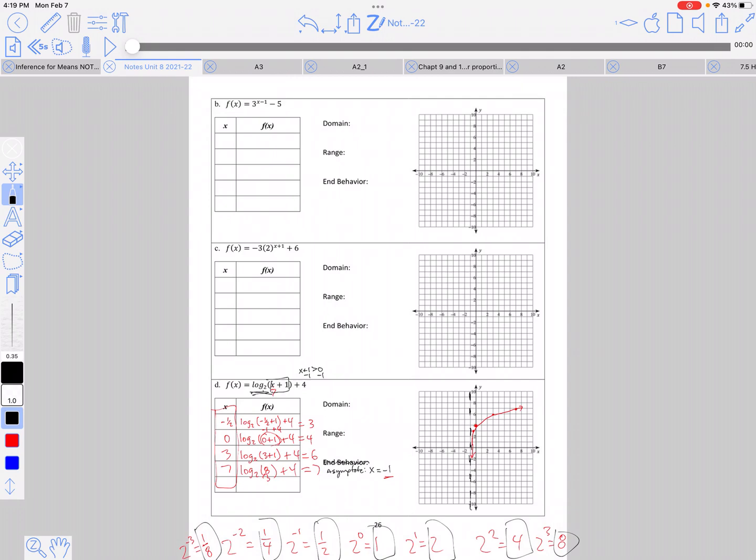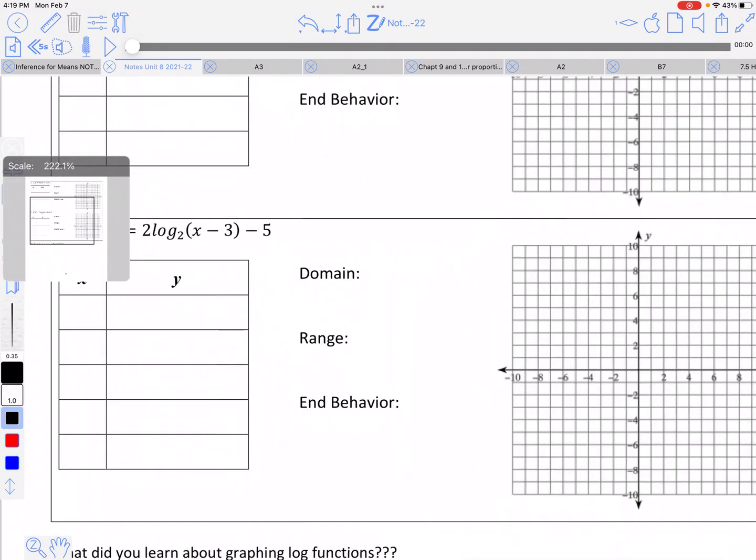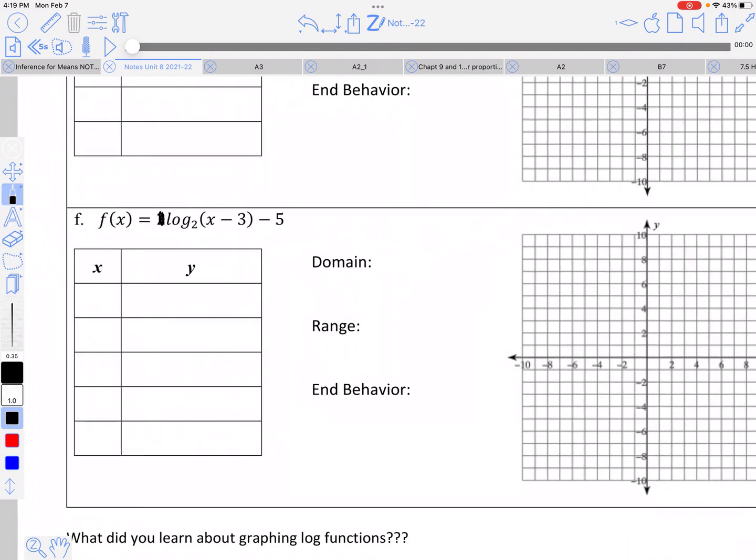Okay, so we're going to talk about domain and range. But before we do that, just for right now, let's ignore that 2 because it's going to complicate things. And I don't actually have any vertical stretches. That's what that causes, so don't worry about that. So let's look at this one. First off, our asymptote. So cross off end behavior, we're going to do the asymptote. We're going to take the argument and say, yep, you cannot be 0 or negative.